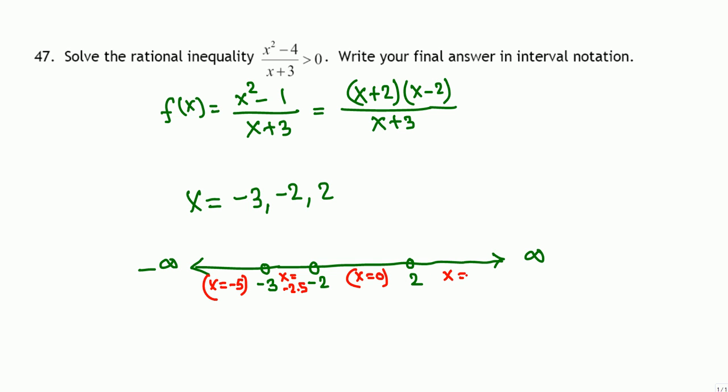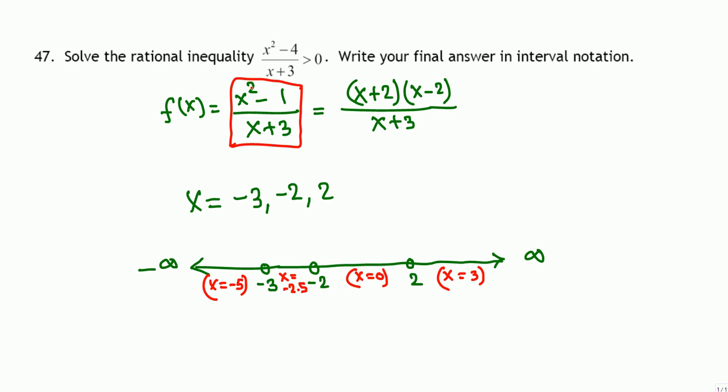And for the last interval, pick 3 or 4 or 5 or 1000, doesn't matter. Now we plug these representative numbers into this function. Here or here, maybe here, doesn't matter where you plug in. Let's plug in -5.